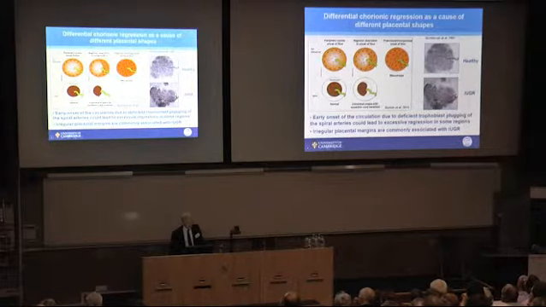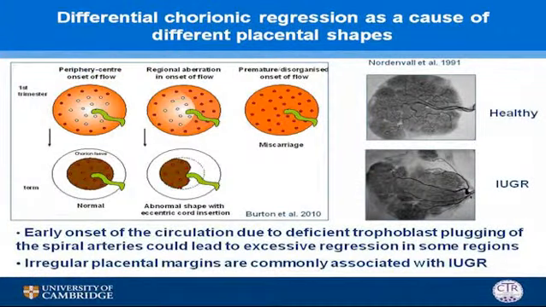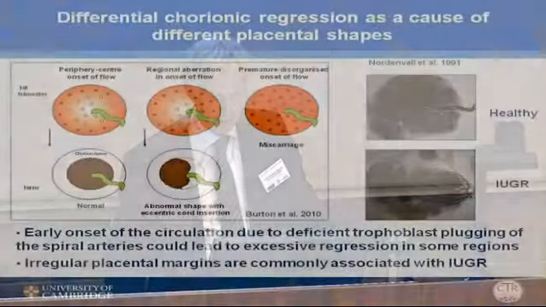But if for some reason trophoblast invasion is limited in a particular area of the uterus, maybe there's low-grade infection, or there are many potential causes, onset of the circulation may be premature in this region, and we get a greater degree of regression of the placental villi.